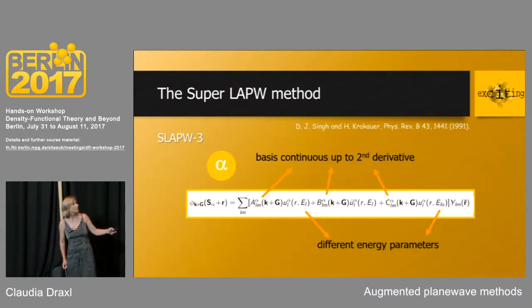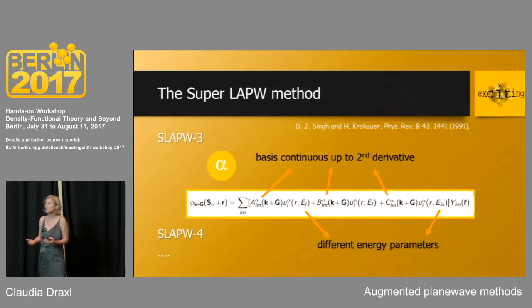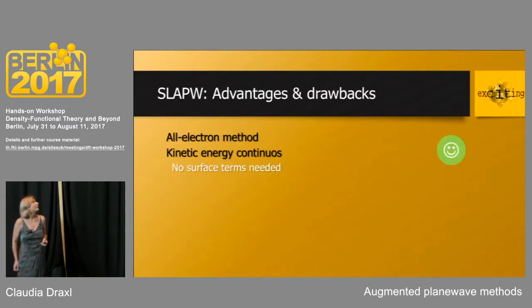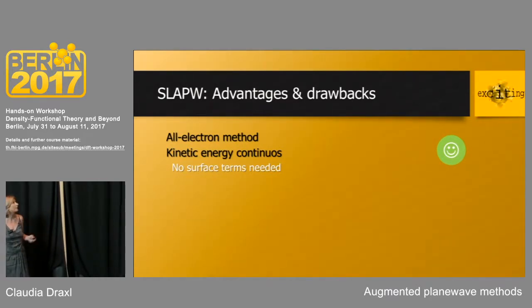I mean, in principle, you can play this game. You can also go to SLAPW4. You add another term, and you add the other term. And then you assume we're getting more and more precise, isn't it? Because we have these wonderful basis functions now. The essence is, yes, it's getting more precise, but it's getting also very costly. So the advantages, as I said, you have an all-electron method. You can treat everything.